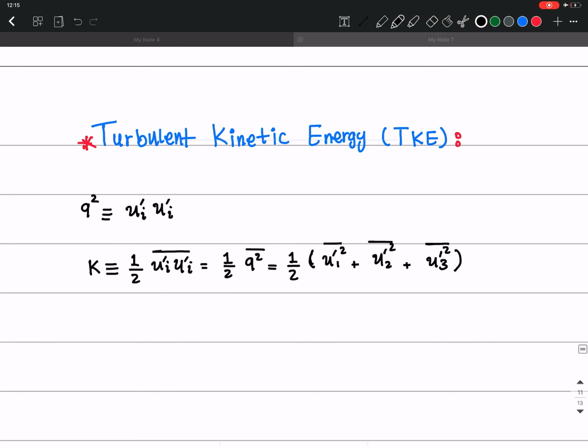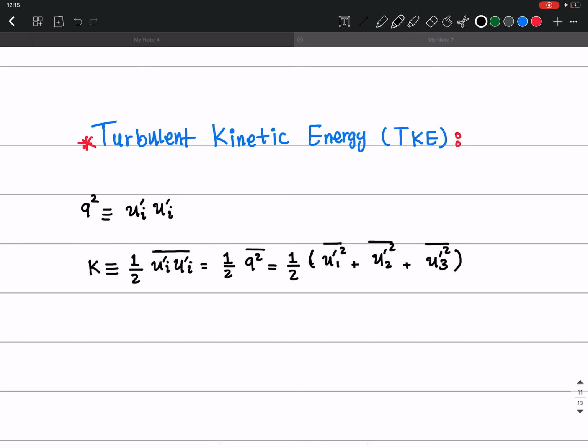Here u1, u2, u3 could also be u, v, w, the three velocity components. We just take their fluctuation squared and average that, and this is known as the turbulent kinetic energy.